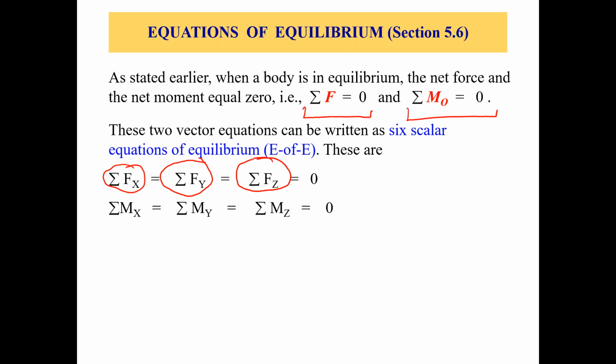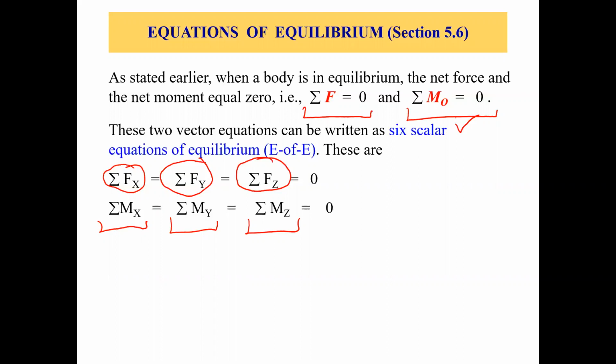Now, once we talk about sigma moments equals 0, then we can also take sigma moments in all 3 directions, x, y, and z, right? So sigma Mx equals 0, sigma My equals 0, sigma Mz equals 0, right? So moments in all three directions equal 0.